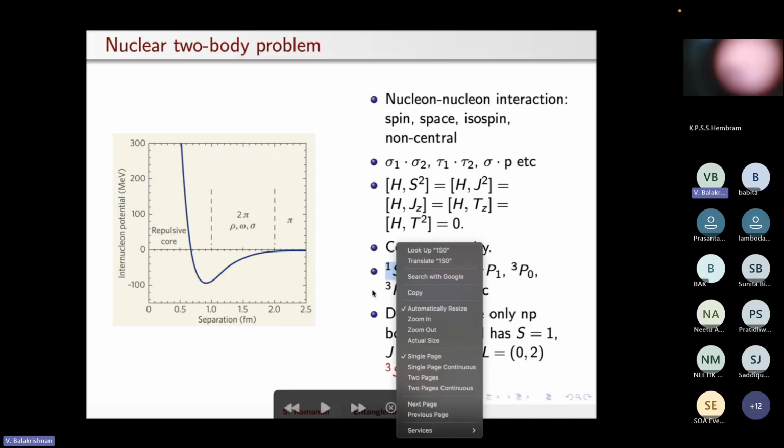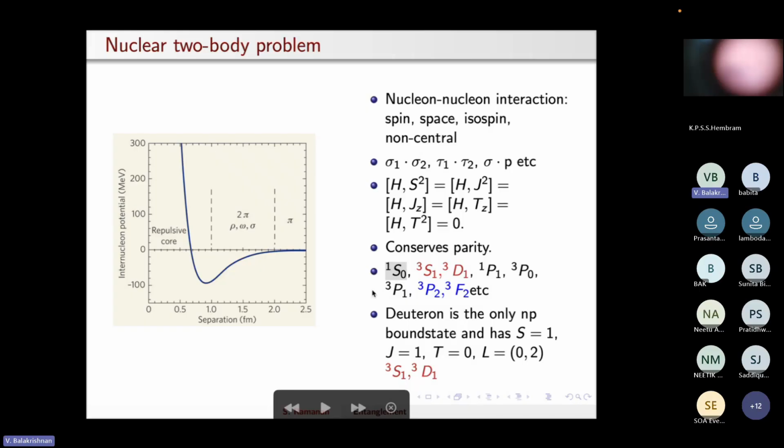The S symbol refers to the L value and the subscript refers to the value of J. So S implies L equal to 0. The spin multiplicity 1, seen in the superscript, refers to S equal to 0.